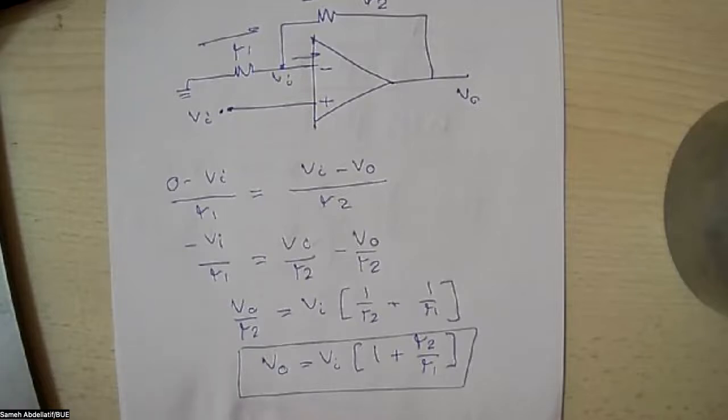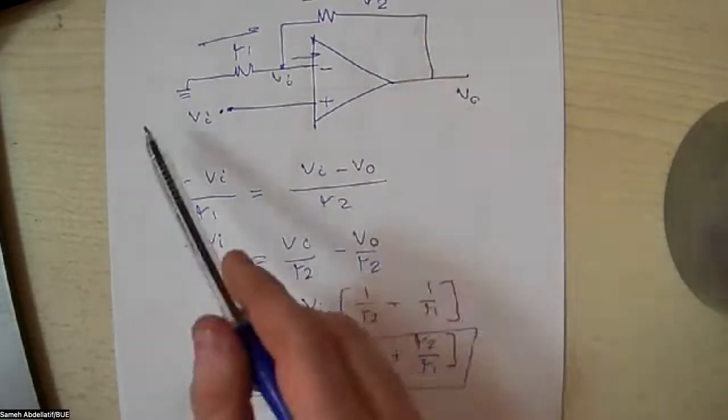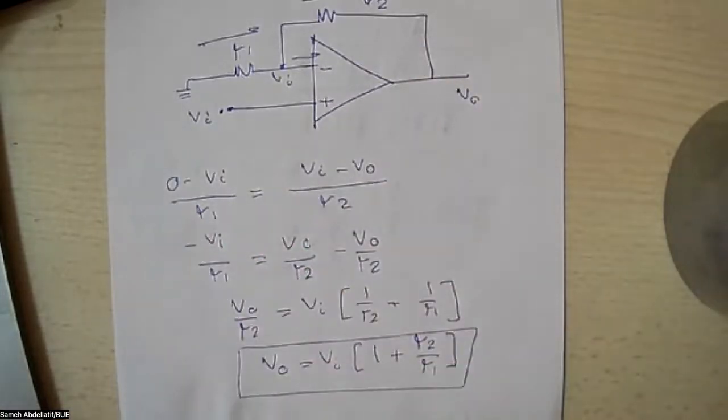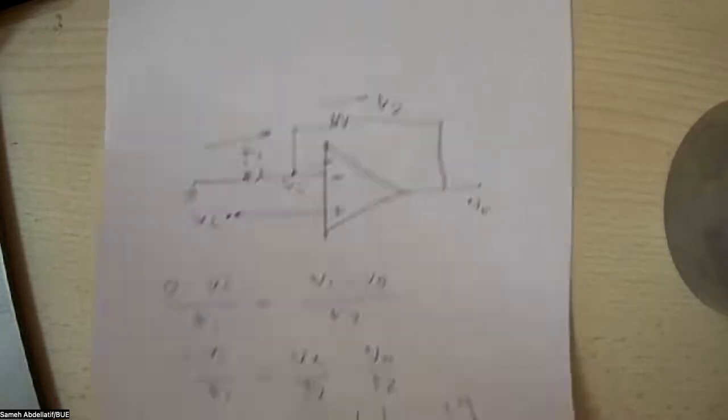But generally, it might be an A of S, or it might be a frequency-dependent amplifier. But in this case, it's not, and this is well observed from day one, because we don't have any inductors or capacitors in this network. That's why we have a pure resistive network here. So this is the first part of the equation.